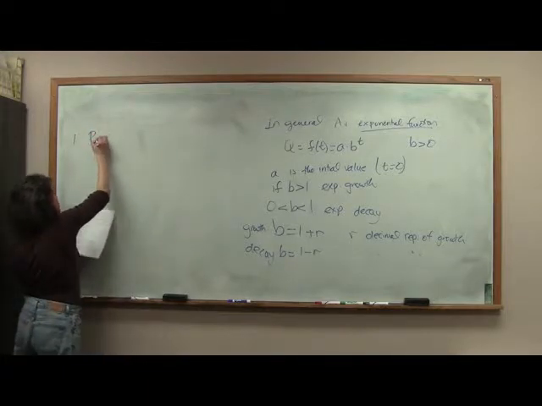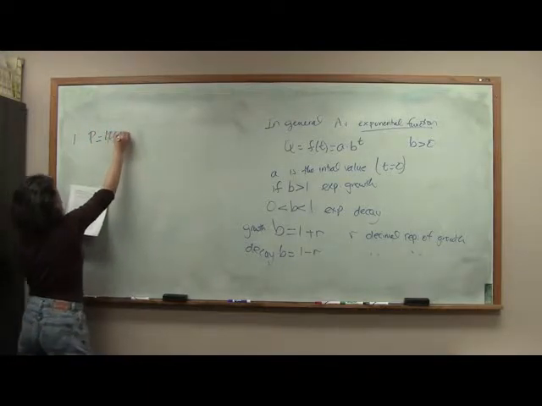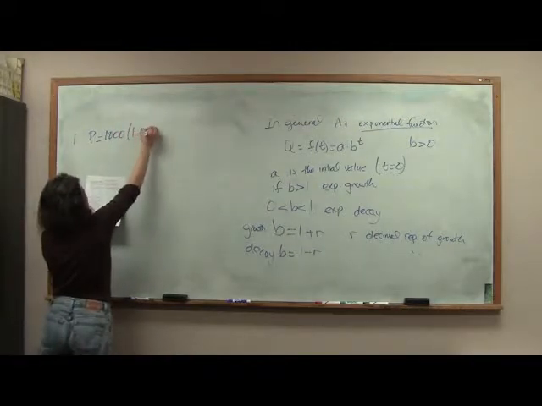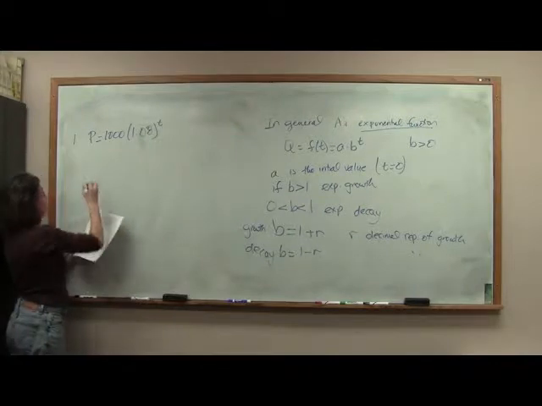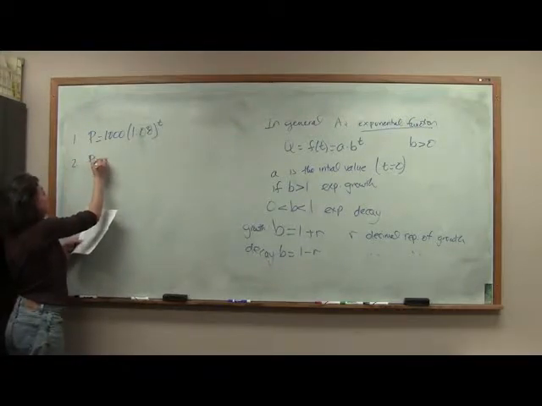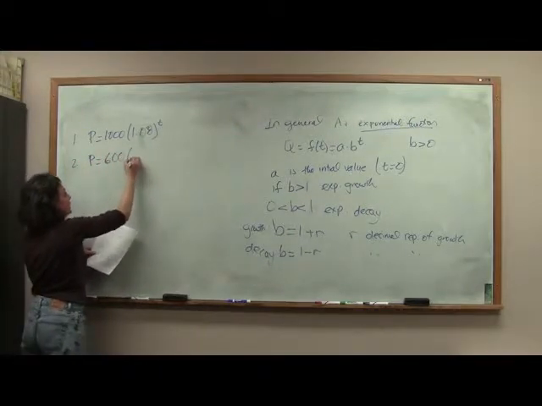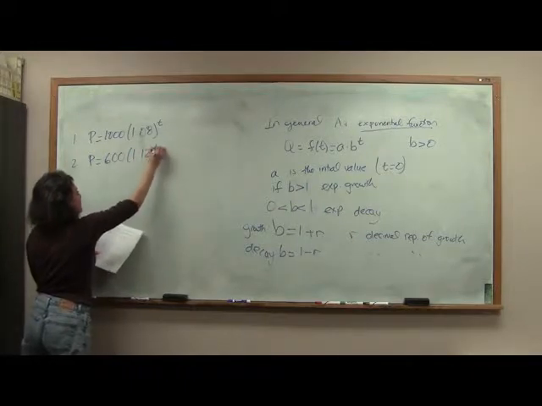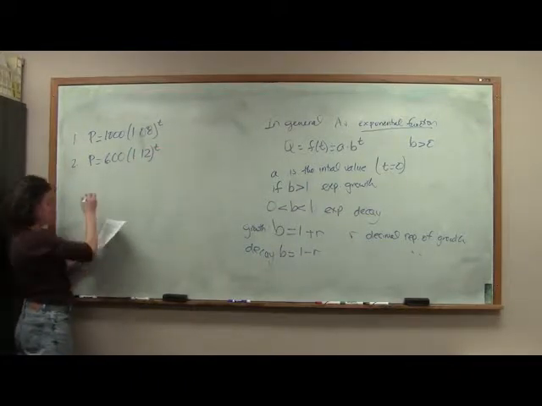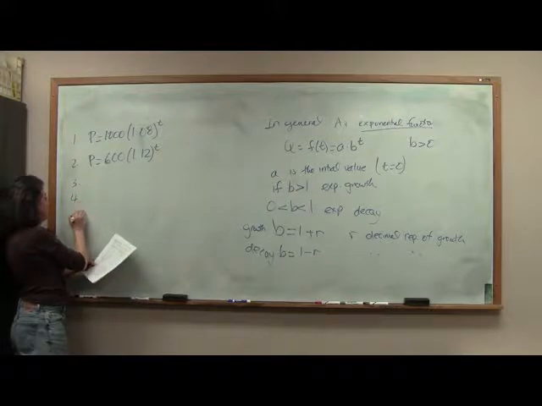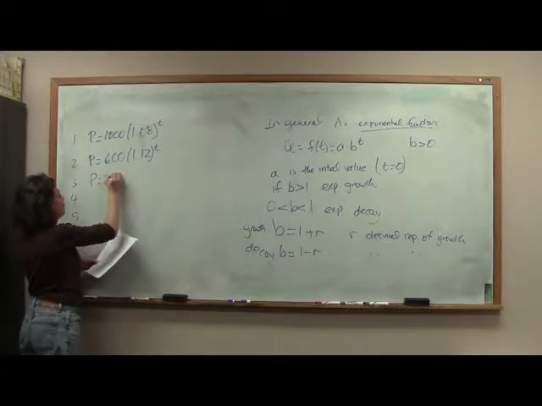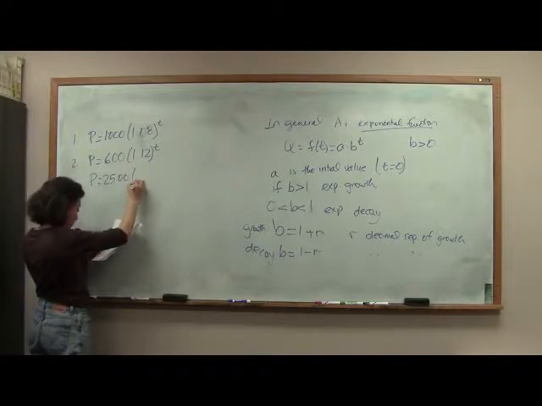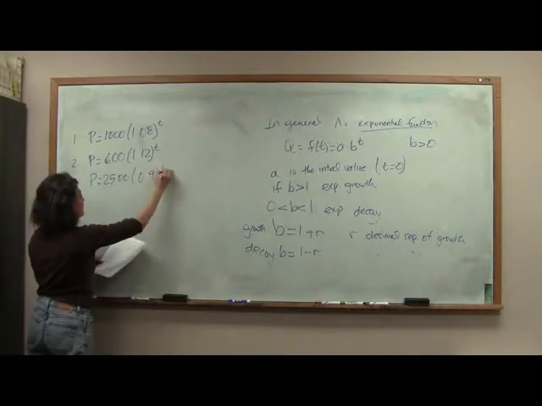So town 1, my population is given by this formula: 1,000 times 1.08 to the t. Town 2 is 600 times 1.12 to the t. Town 3, I have my population is 2,500 times 0.9 to the t.